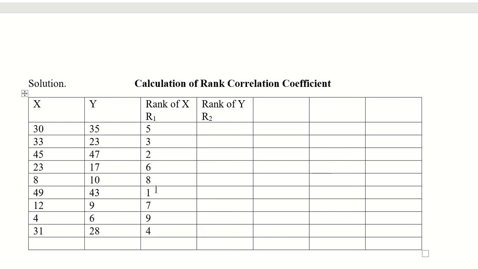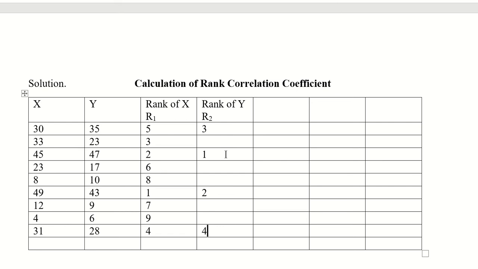Right? So the highest value in Y we have to identify. The highest value we have is 47, so to this we give rank 1. Then less than 47 is 43, rank 2. Then less than 43 we have 35, rank 3. Then less than 35 we have 28, so rank 4.